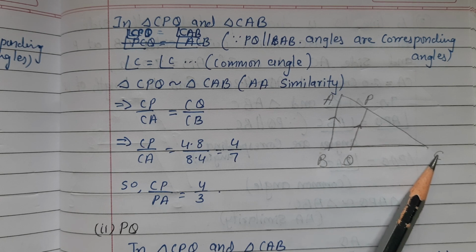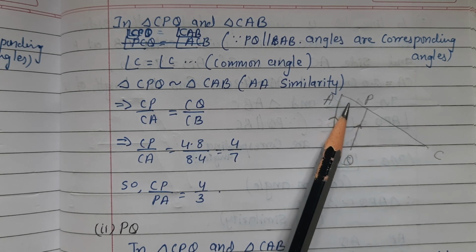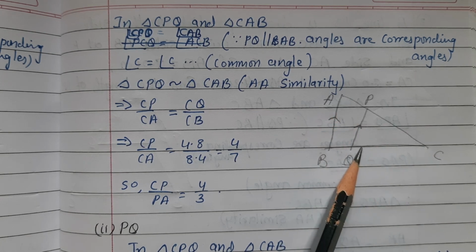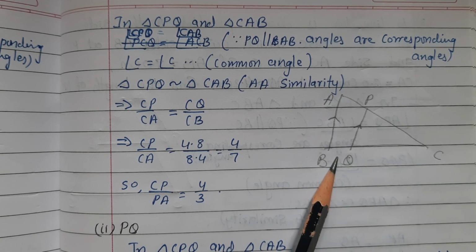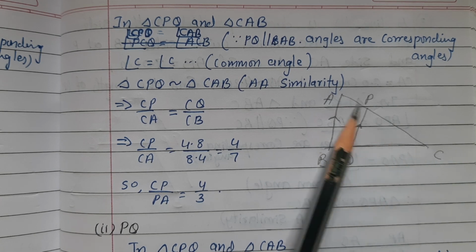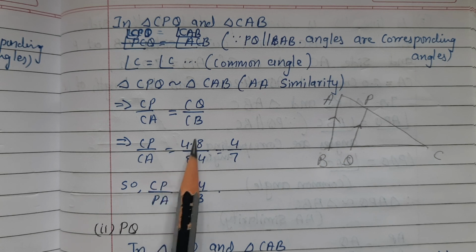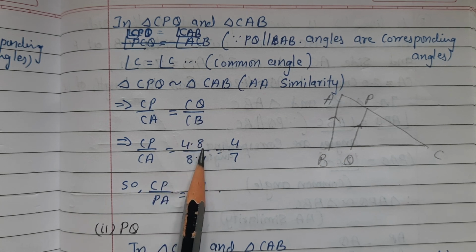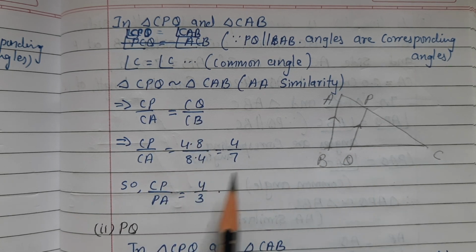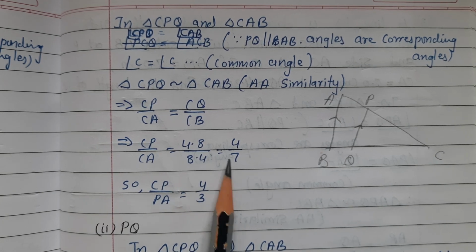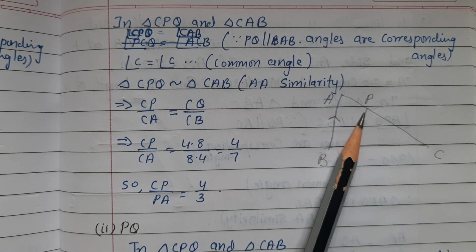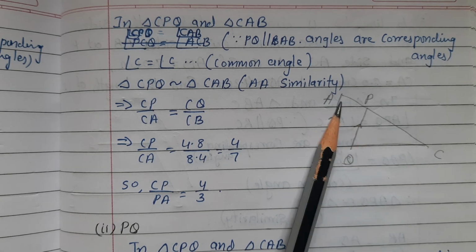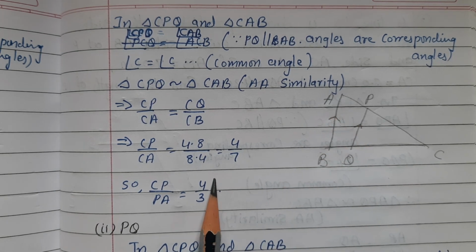CP upon CA is equal to CQ upon CB. CP upon CA is equal to CQ is 4.8 and CB is 8.4, equal to 4/7. Therefore, CP upon PA is equal to 4/3.